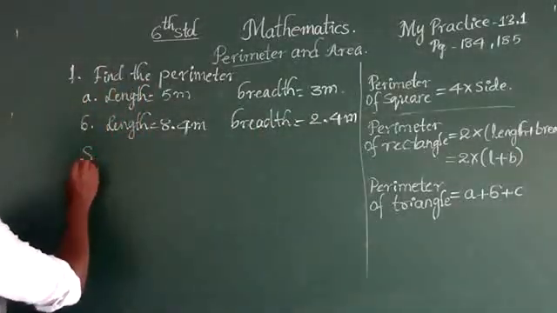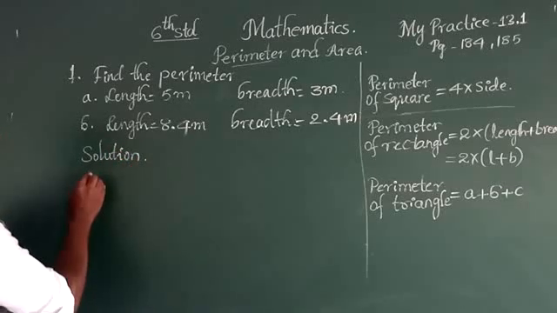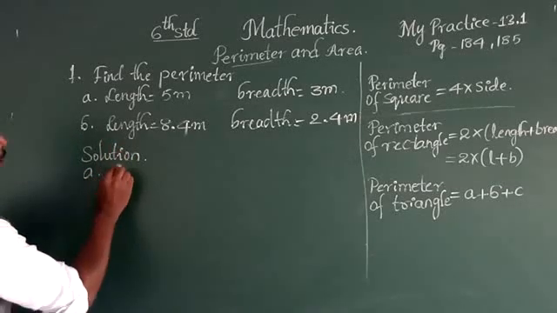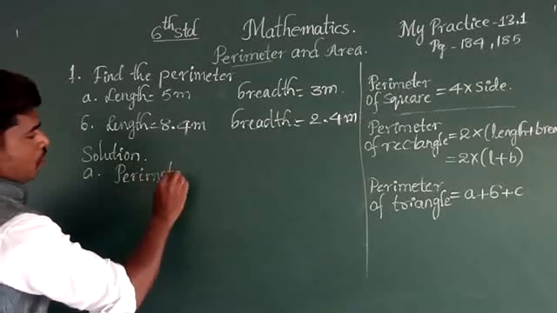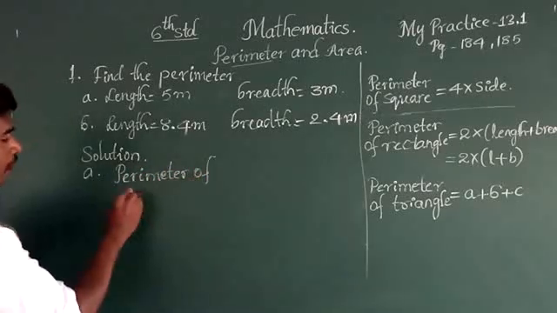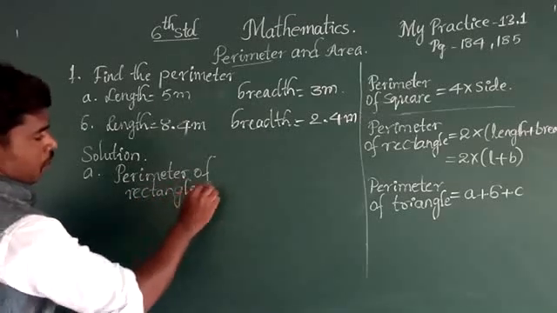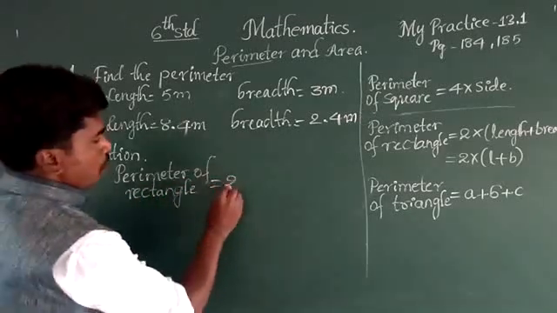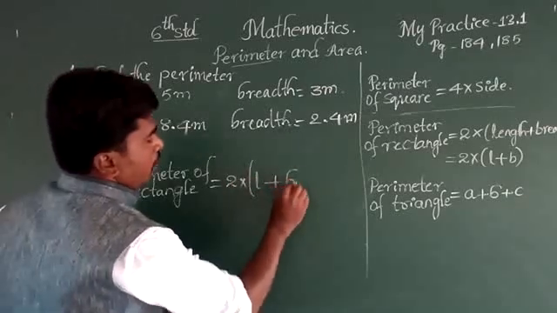So solution, first one, A. Perimeter of rectangle is equal to 2 into length plus breadth.